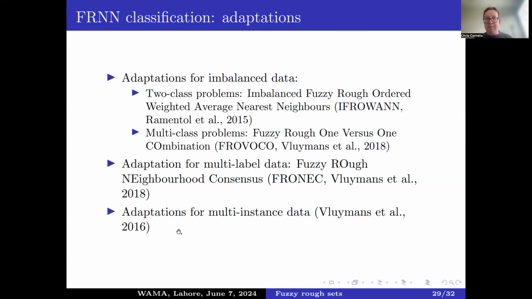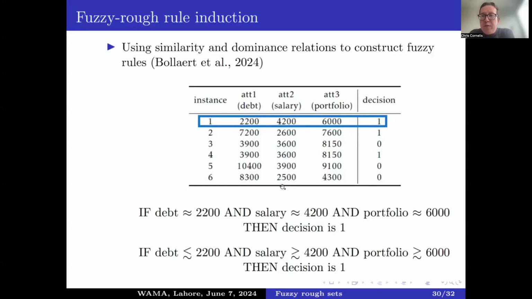Another kind of classifiers based on fuzzy rough sets are rule induction algorithms, and this is still very much a work in progress together with my PhD student Henri Bollaert. The idea is that we want to extend existing rule induction algorithms based on classical rough sets to fuzzy rough sets using fuzzy similarity or indiscernibility and fuzzy dominance relations.